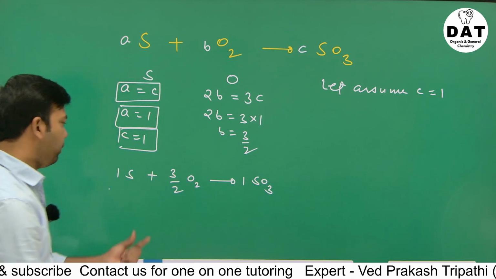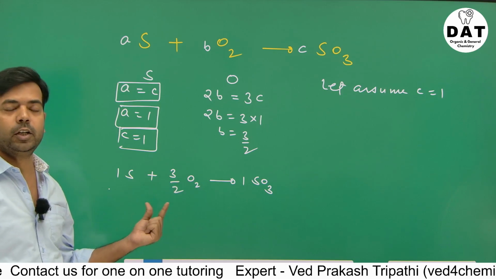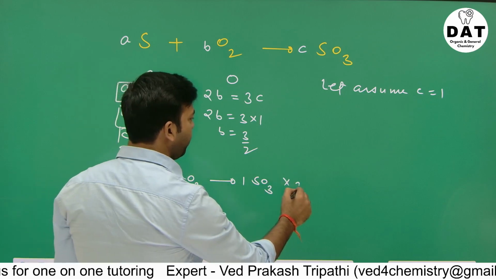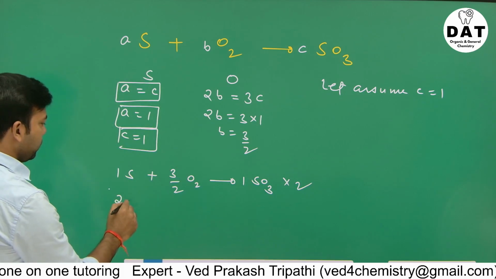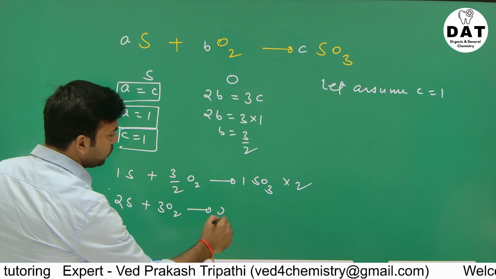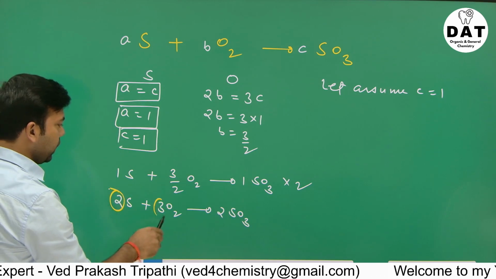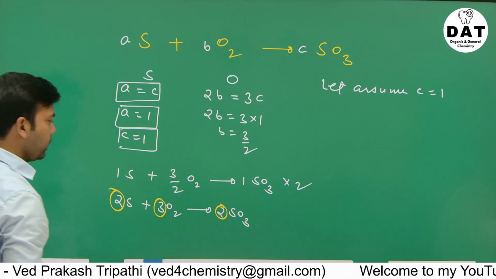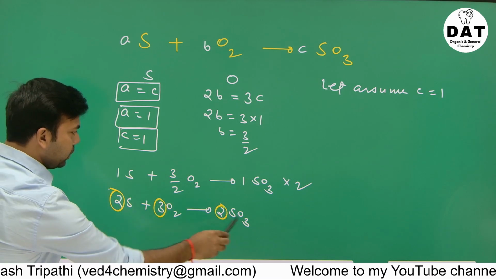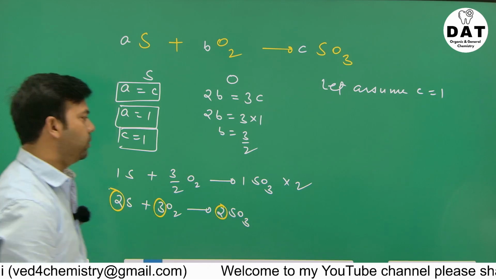So here we have a fraction, so we can eliminate the fraction if we multiply the net equation by 2, because this is 2 here. So if we multiply by 2, it becomes 2 sulfur plus 3 O2 to give you 2 SO3. Clear? And you can see this is 2, this is 3 and this is 2 as well. Let's check it. So 2 sulfur, 2 sulfur, 6 oxygen and 3 2s are 2, 6 oxygen. So this is the balanced form of this equation.